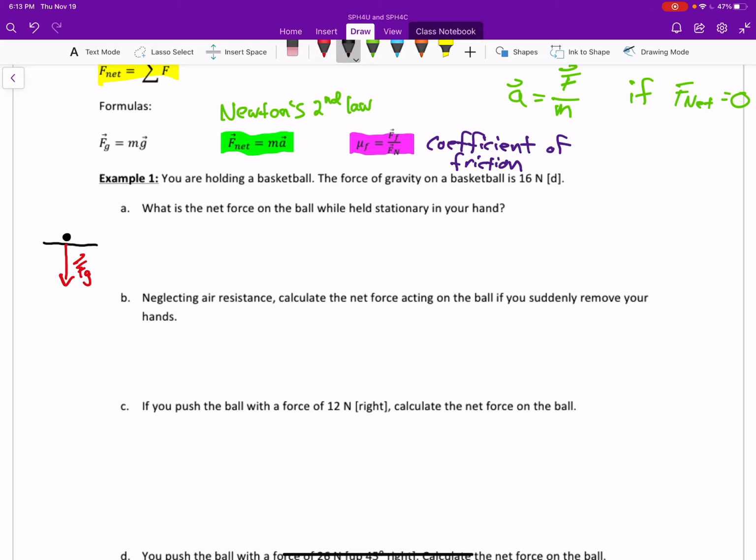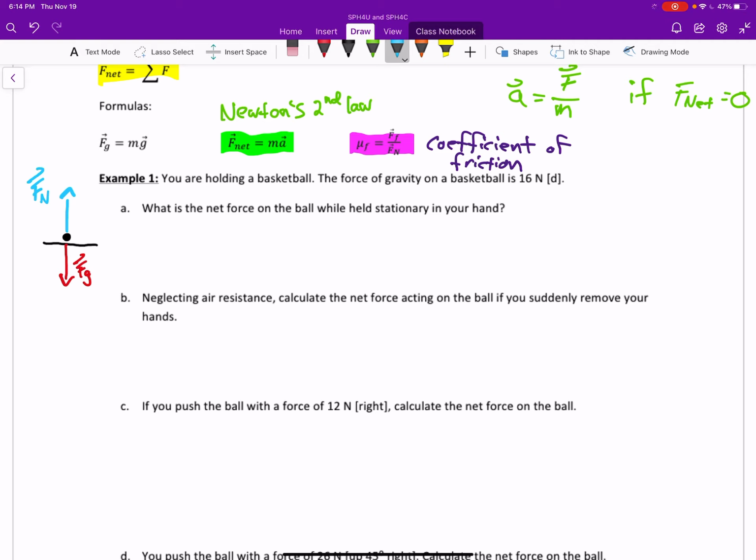The net force is just the sum of all the forces acting on a thing, and we can balance our force of gravity with what's called the normal force, which is the opposition to gravity, which is contact.